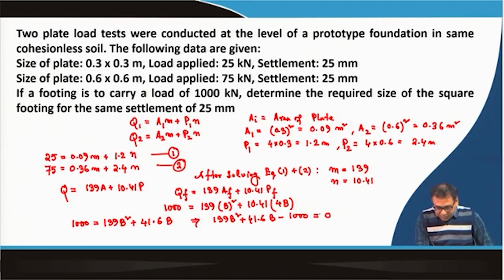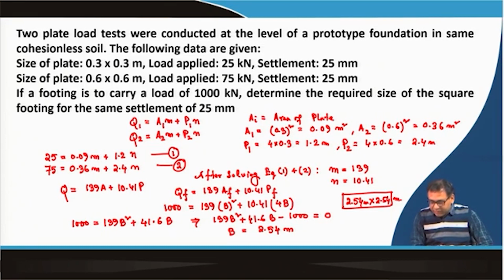And after solving this equation, we will get a B value which is equal to 2.54 meter. So, the dimension of the foundation will be 2.54 meter cross 2.54 meter.